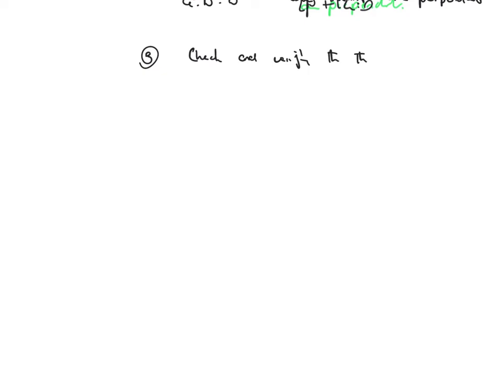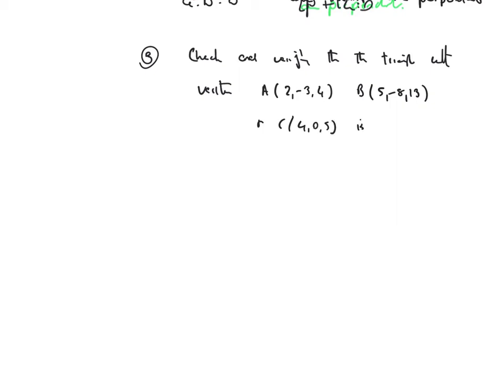Okay, we're going to check and verify that the triangle with vertices a, which is (2, -3, 4), b, which is (5, -8, 13), and c, which is (4, 0, 5), is right angled.